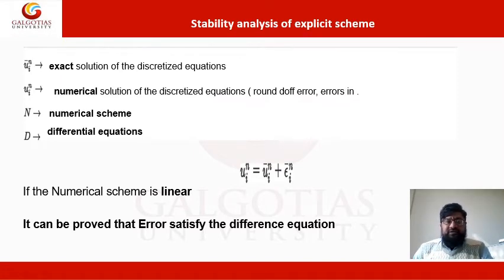Stability analysis of explicit schemes. Let ū_i^n be the exact solution of the discretized equations.